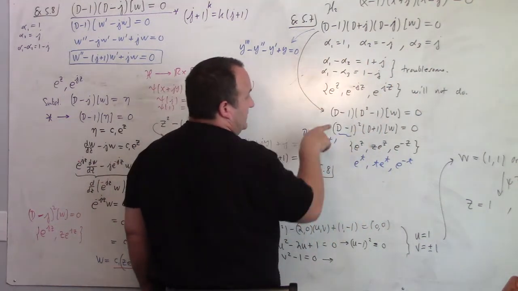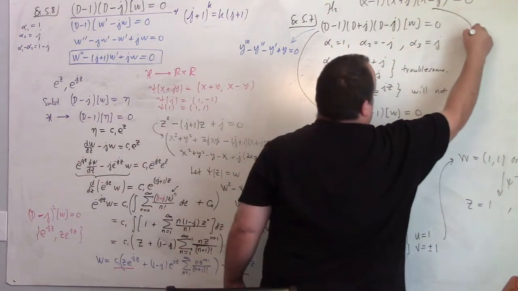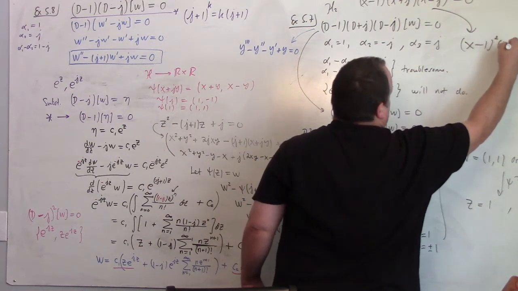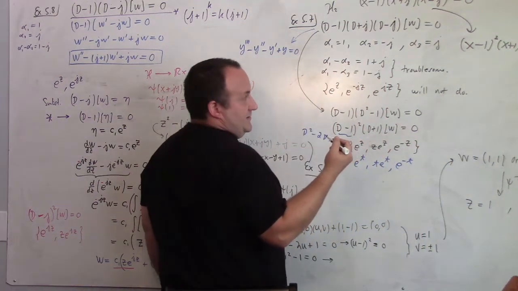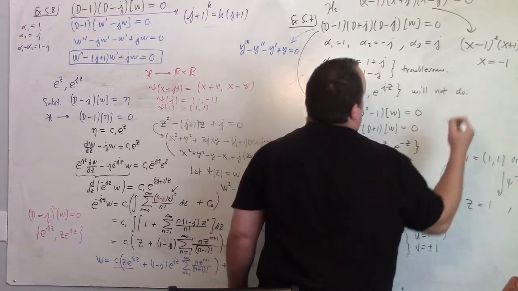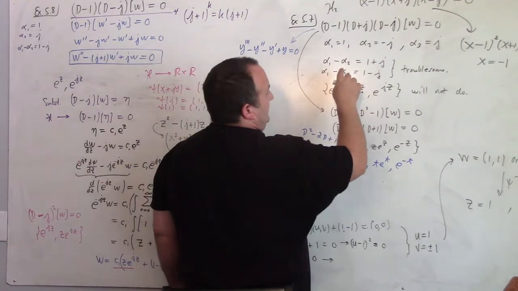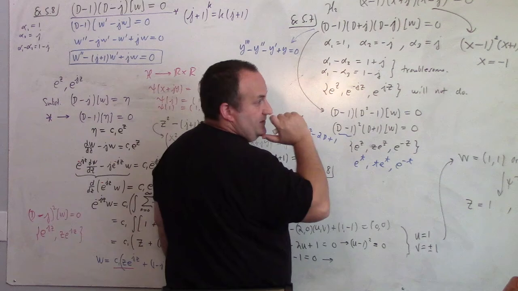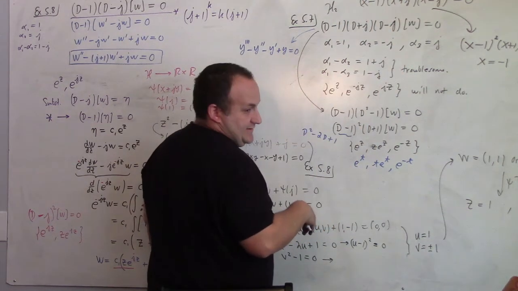But because you can rewrite this, in fact, as x minus 1 squared times x plus 1, it is then manifestly clear that this also has solution x equals minus 1. And the minus 1 solution was not apparent from this one. So this is a third order problem that has at least 4 distinct solutions.